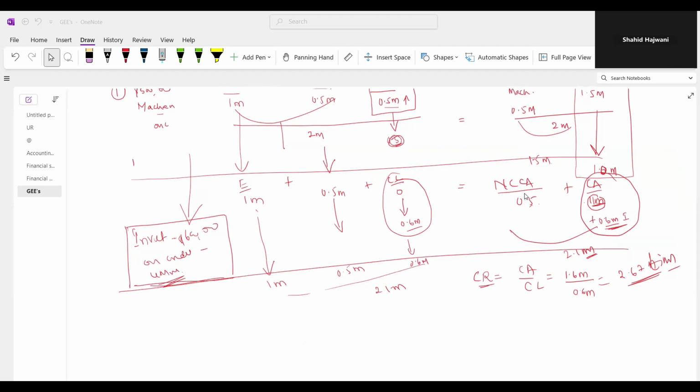The company's ability to pay current liabilities out of current assets. Excellent. Yes. Speak with clarity.